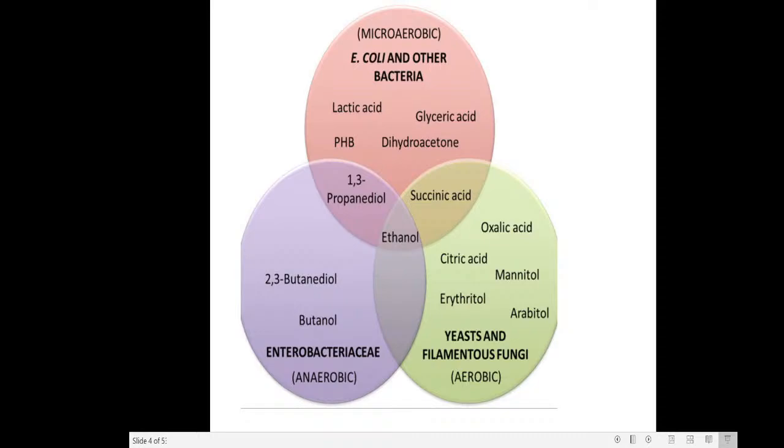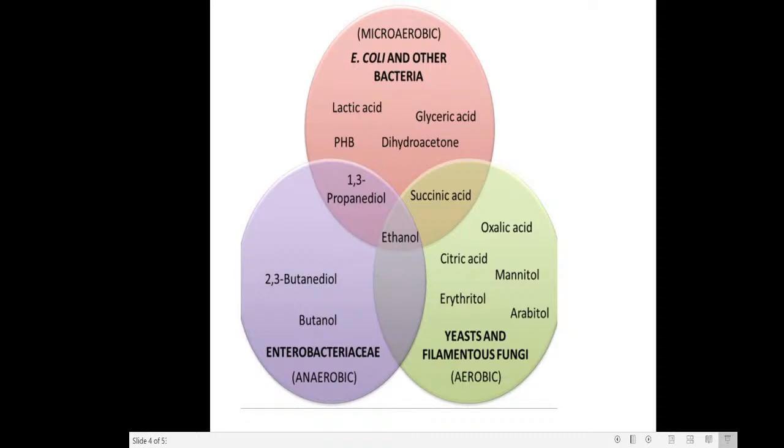And yeast and filamentous fungi, in aerobic condition, produce oxalic acid, citric acid, mannitol, erythritol and arabitol. The very important thing is that succinate, oxalic acid and citric acid are all produced in aerobic condition.